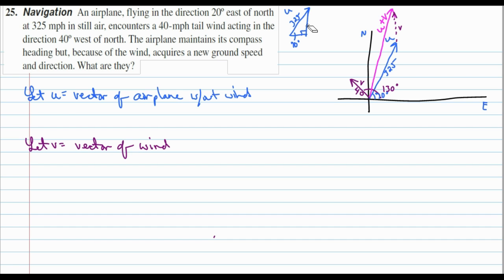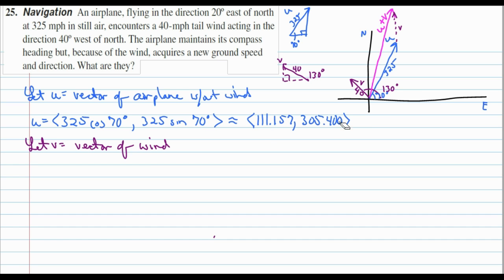The reference triangle based off of u would look like this. The reference triangle based off of vector v, the wind, would look like this. Which means vector u is going to have the x-coordinate, or a value, 325 cosine of 70 degrees, and then the y value, 325 sine of 70 degrees, which is about, well, this.